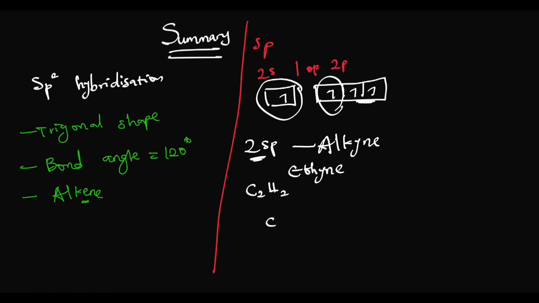Right. So let's draw it. C1, 2, H here, H here. So, but this is not complete. It still requires 2 more bonds for this carbon to be stable. So how do we get those bonds? It's actually from the unhybridized p electrons. So they'll come here, form 1, 2. These particular stuff are the pi electrons.